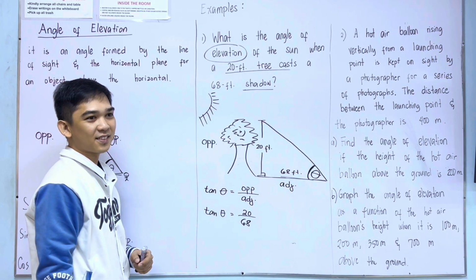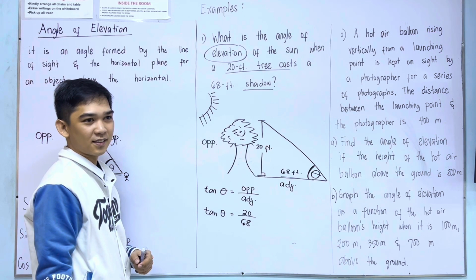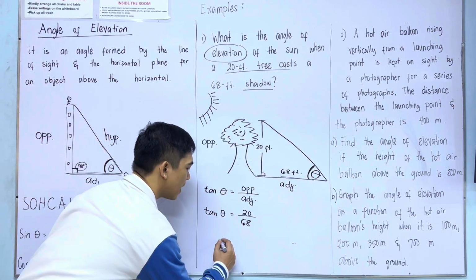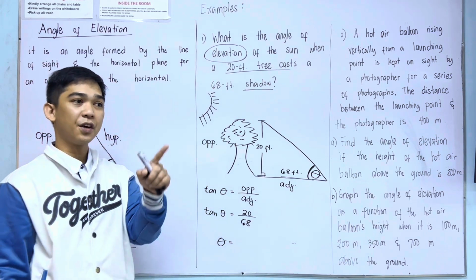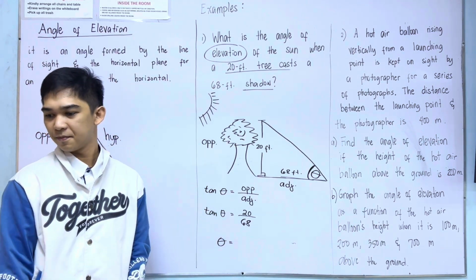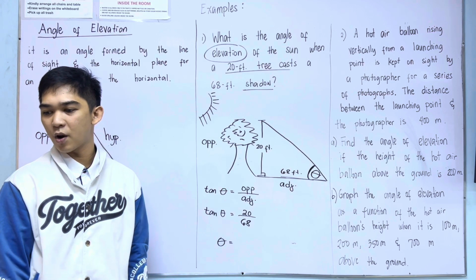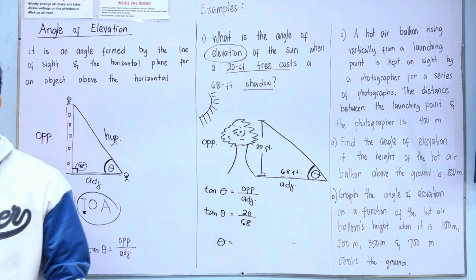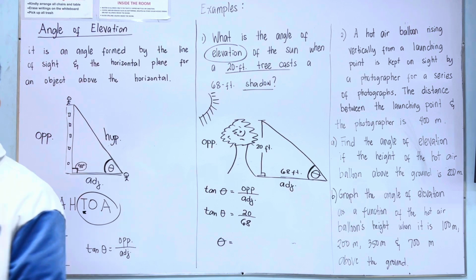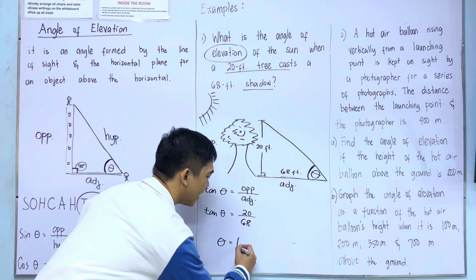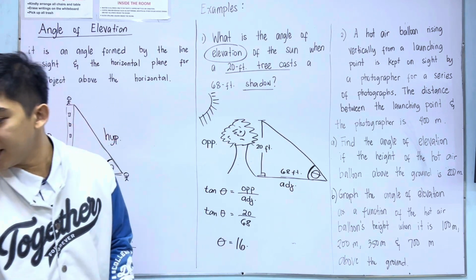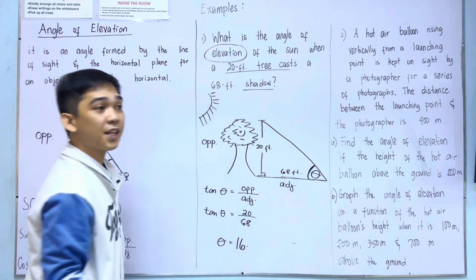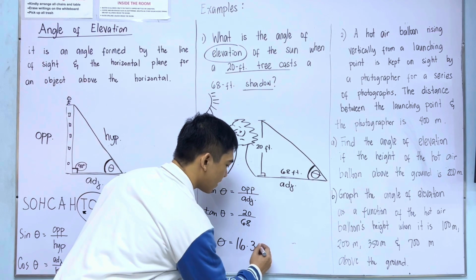Shift tan. Paano yung theta, is shift tapos tangent, para makuha si angle. Then, equal sign. 16.39.